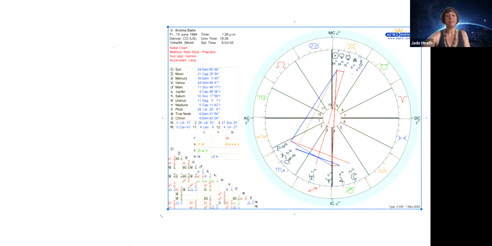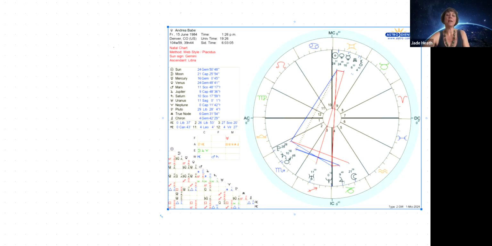Scorpio's main purpose is to transform. So there's an element of transformation here within the second house of wealth. Saturn, Mars, and Pluto. Pluto is about death and also rules Scorpio. So you have the ruler of the planet within the sign of the planet.